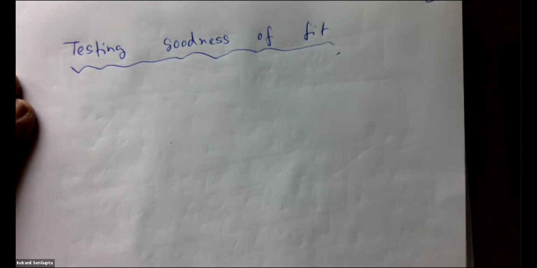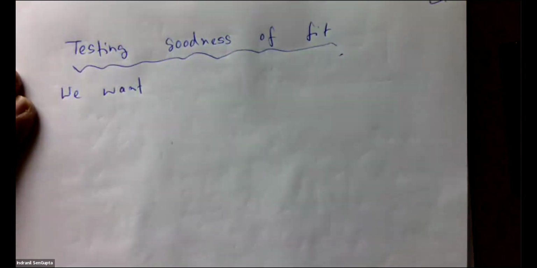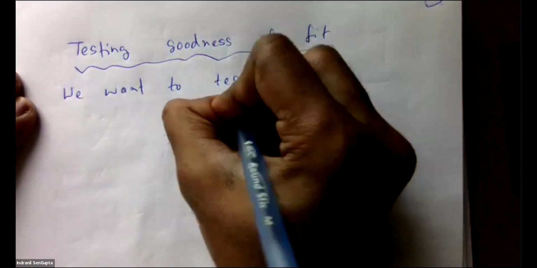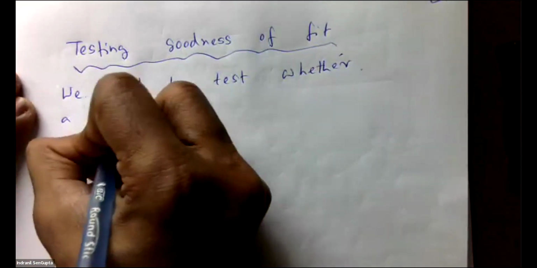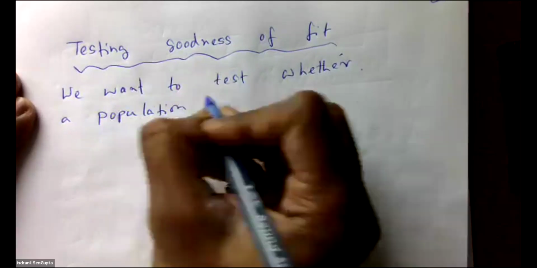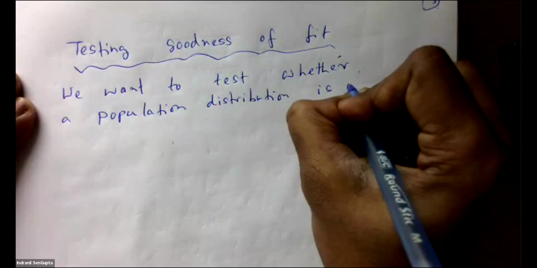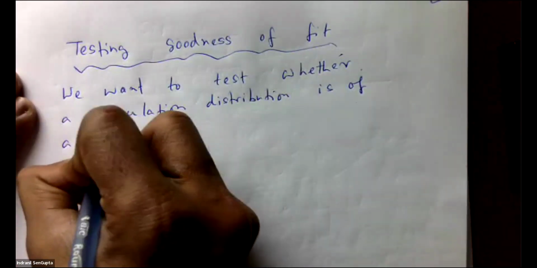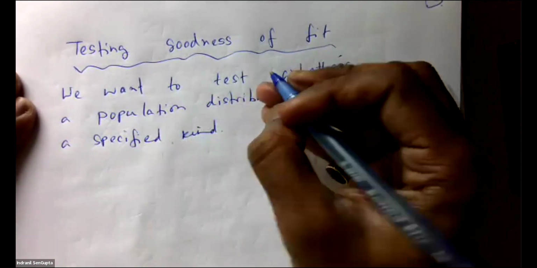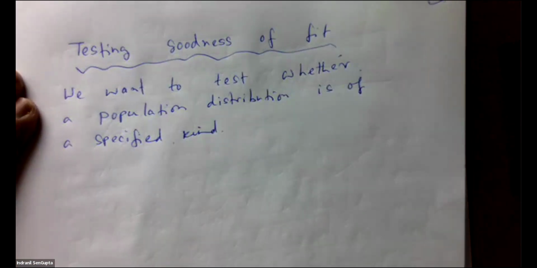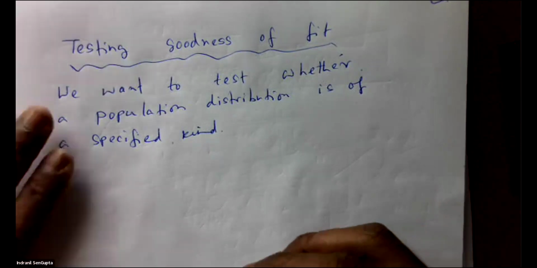Here the problem is that we want to test, once again, a test of hypothesis. We want to test whether a population distribution is of a specified kind. It'll be clearer when I do the example, but just bear with me for a bit.